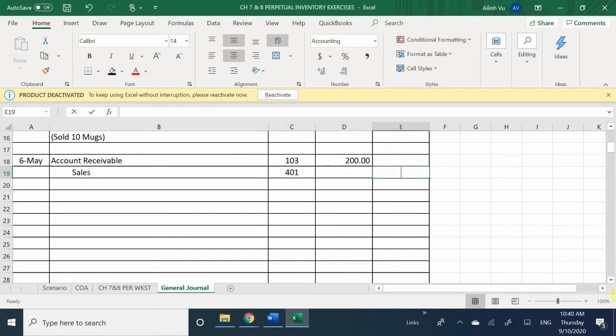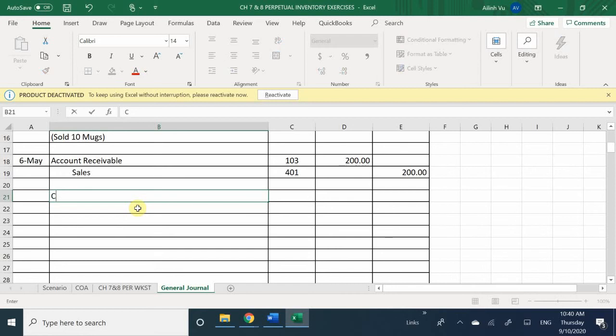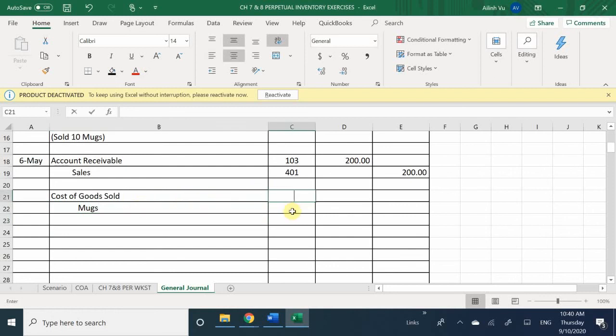We're dealing one section at a time, so we're dealing with just the sales. And just like from above, because we sold something, we also need to calculate the cost of goods sold, and we also need to update our inventory. Cost of goods sold was 501 and 150. All right.